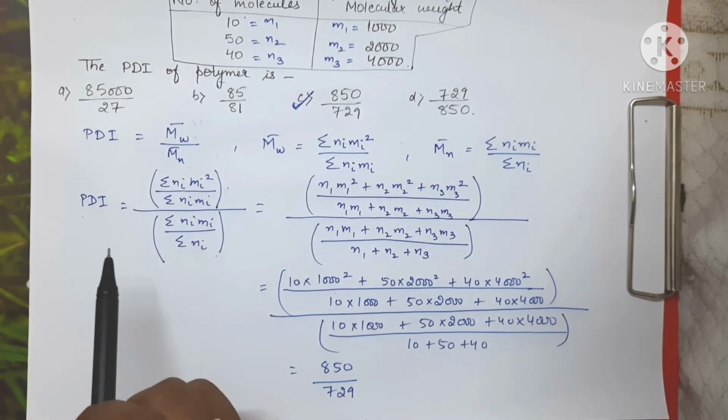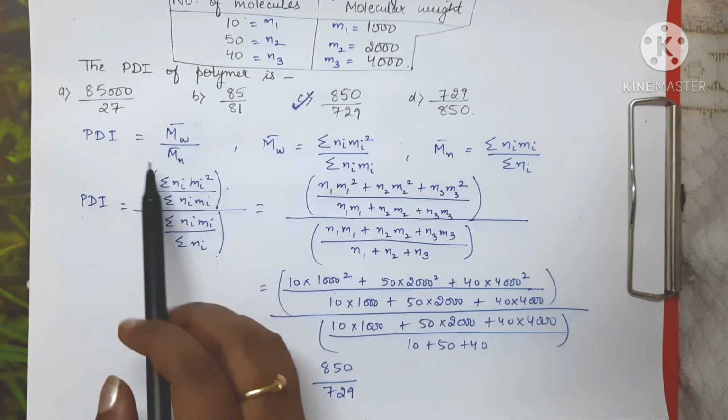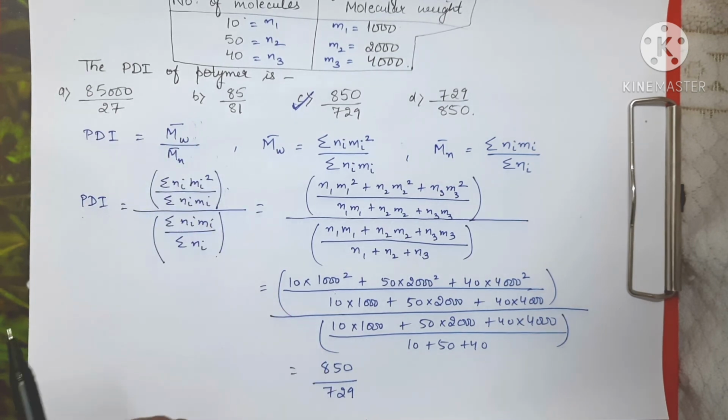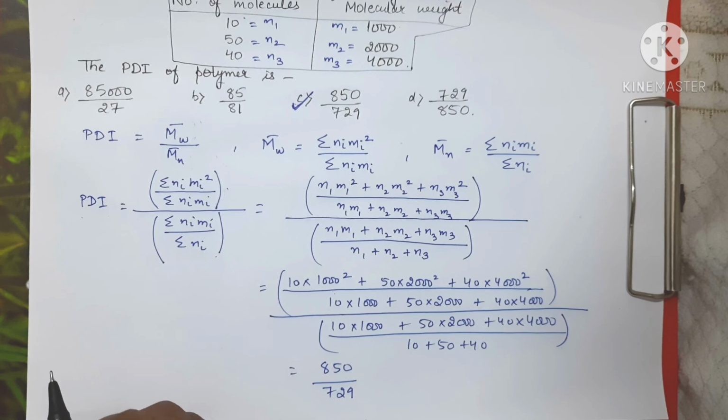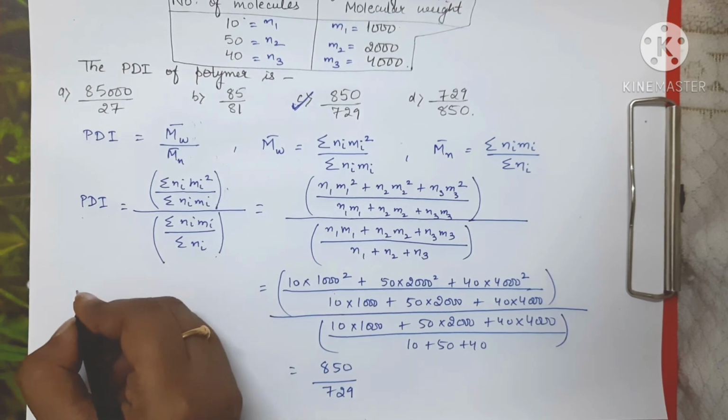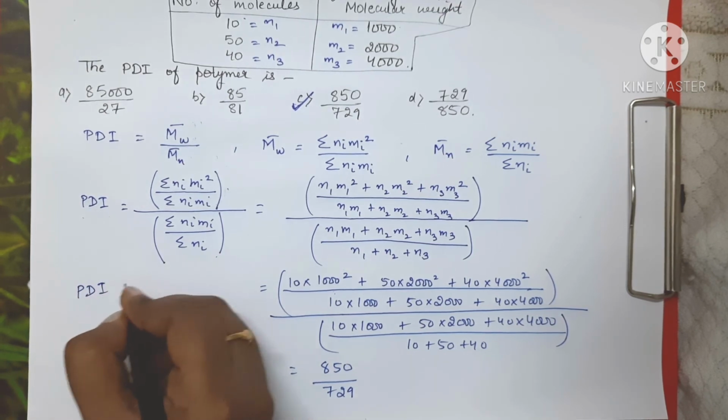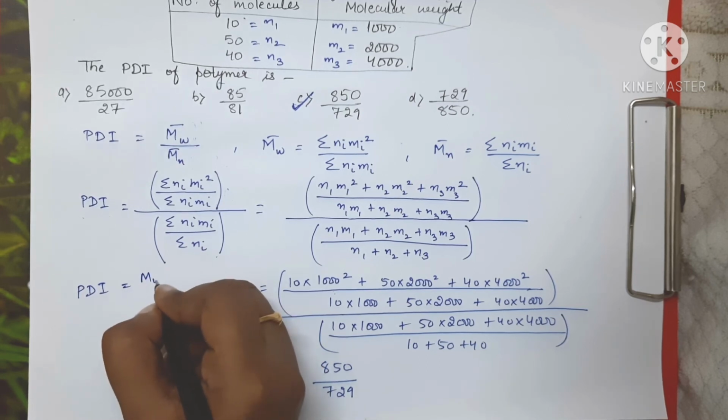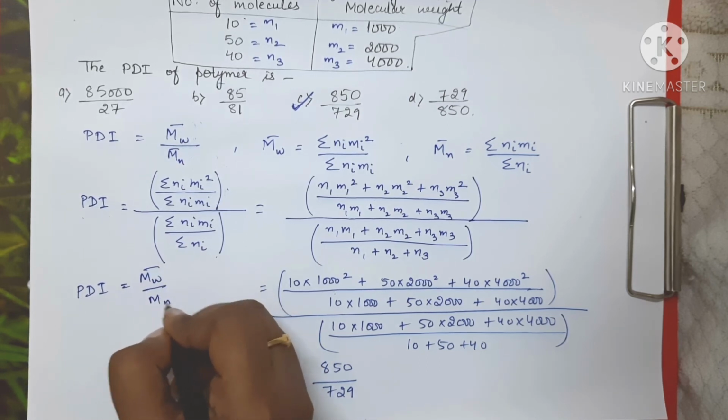For this question, what you need to know is the formula for polydispersity index, and one more thing, that the value of PDI, we found that it was equal to Mw divided by Mn.